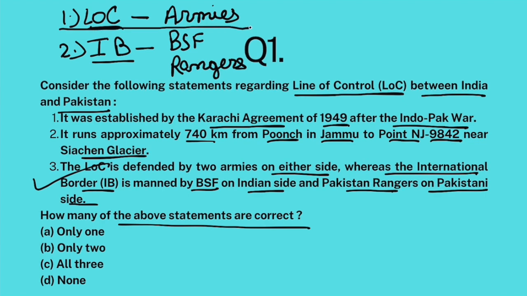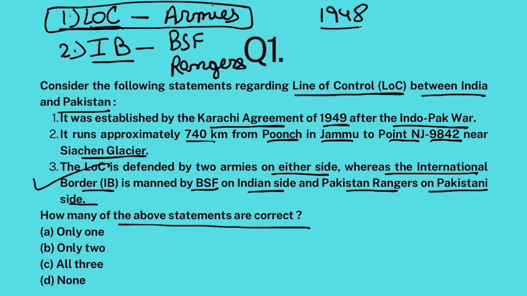Now, how did LOC come about? You all know the conflict with respect to Jammu Kashmir region when it comes to India and Pakistan. In 1947, when both countries got independence, they both claimed the princely state of Jammu and Kashmir. But the Maharaja of Jammu and Kashmir signed instrument of accession giving Jammu and Kashmir to India. Pakistanis did not like it and they sent tribal raiders into Jammu and Kashmir to capture territory, and because of those tribal raiders, there was a warlike situation in 1948 between India and Pakistan.